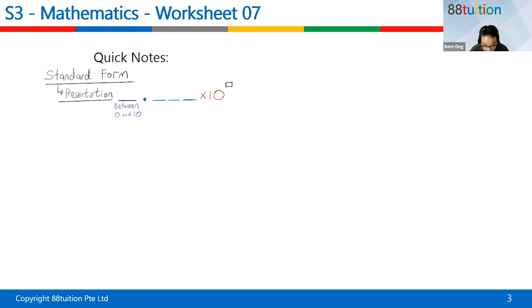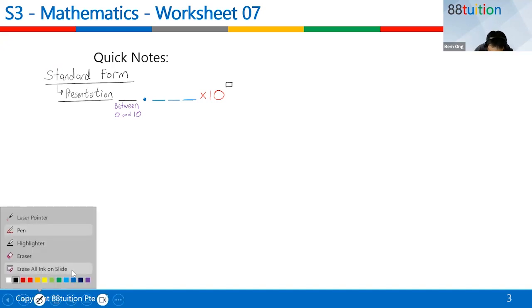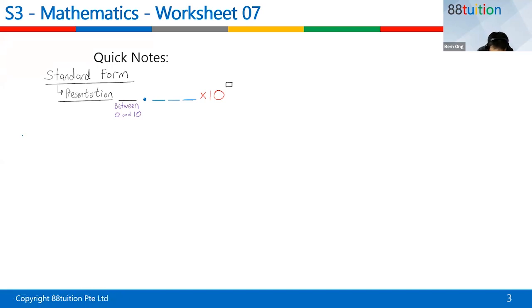Okay, come. So for example, the question gives you something like 7, 3, 5, 2, 9, 0. I want to express this number, present this number, as a standard form. So the first thing is you look from left to right. Can you see that the first digit here, the digit 7, is actually between 0 and 10? Yes, it is.